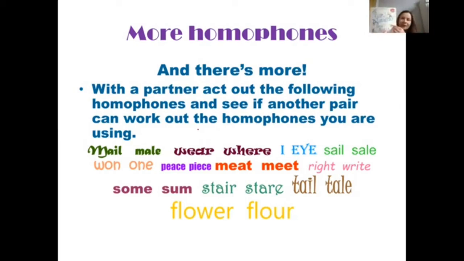So this is a tail. And here is the cottontail. She's called cottontail because she has a very fluffy tail. Rabbit tail. And then you have flower and flour. So here is a flower. And then flour is also this dusty ingredient that we use to make cakes.